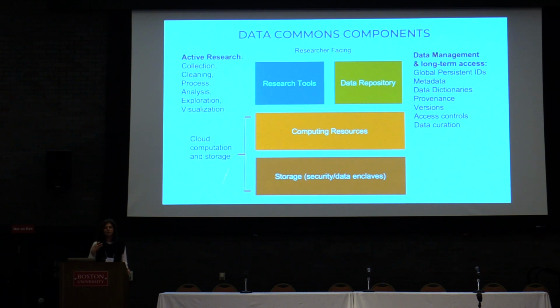Standards, data dictionaries, or controlled vocabularies help you understand that this variable here is the same as this variable here, so you could merge and harmonize data sets. The provenance and versions help you understand what data set you used for a specific research result. And you provide all the access controls that go with that, and data curation.